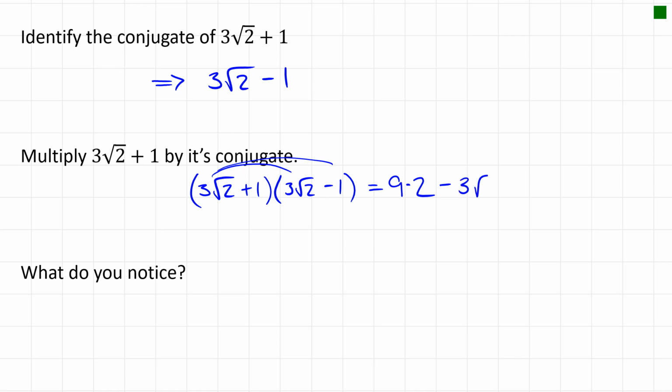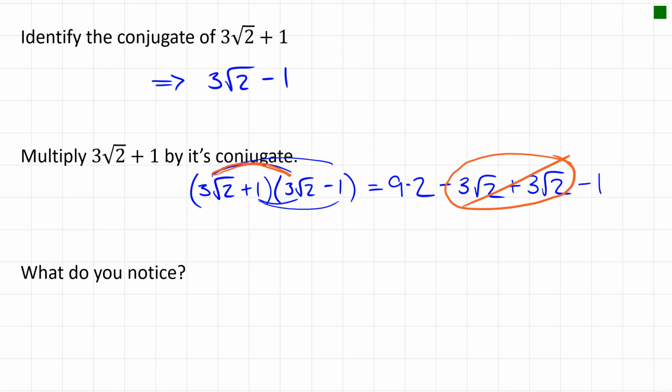And then negative 3 root 2. 1 times 3 root 2 is plus 3 root 2. And 1 times negative 1 is negative 1. And again, we see these radicals cancel. And we also see that the first terms in our FOIL, 3 times root 2 times 3 times root 2, root 2 times root 2 is equal to 2.